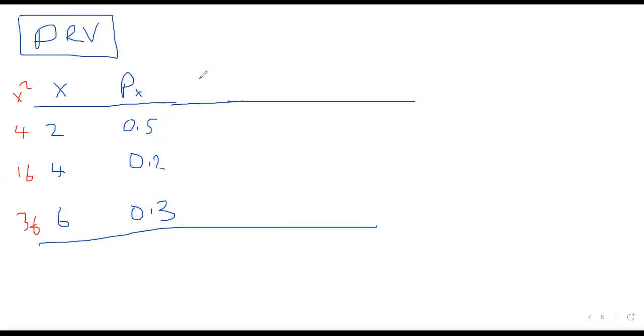Then multiply the value of x times the probability, and the value of x squared times the probability. So 2 times 0.5 is 1, 4 times 0.2 is 0.8, and 6 times 0.3 is 1.8. When you total up this column, that's called the mean, as simple as that. You get 3.6. That's all, you get your 2 marks.